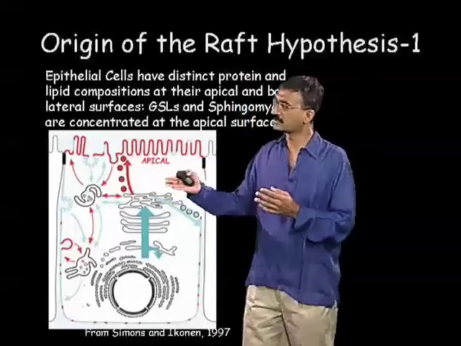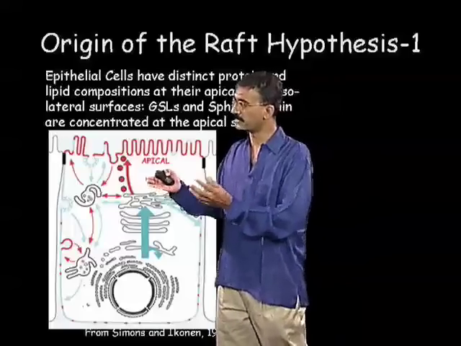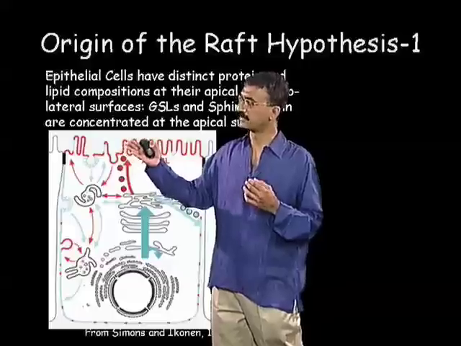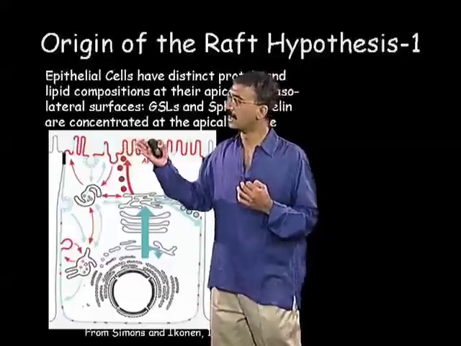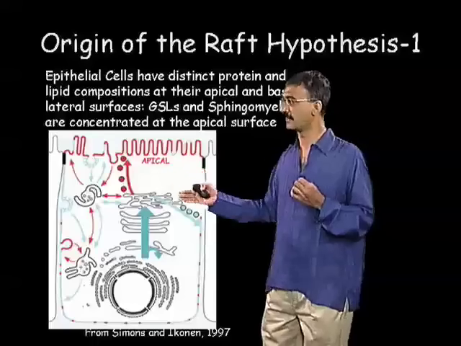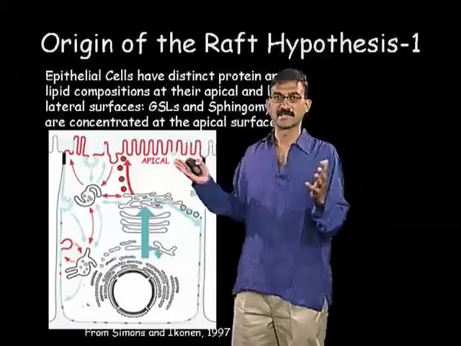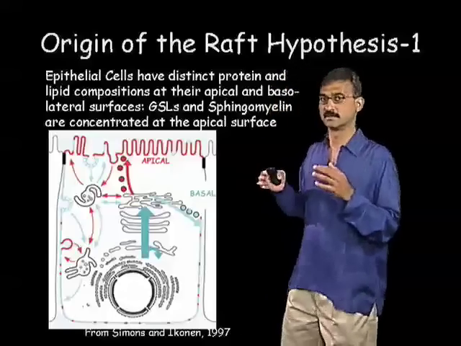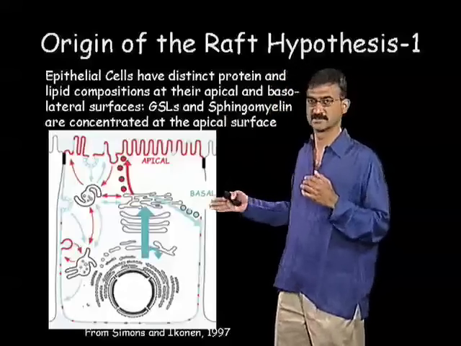If you can segregate components of one type from the other, deliver one set of components, for example, cholesterol and sphingolipid enriched components to one domain and not to the other, then automatically the cell is capable of generating this heterogeneous composition in the two surfaces of the cell.